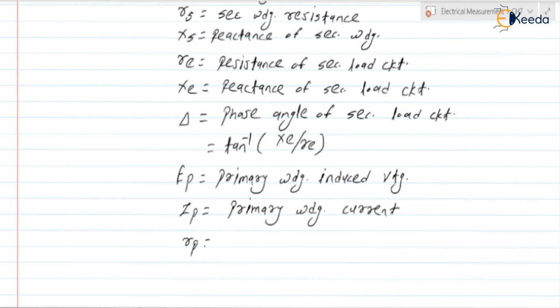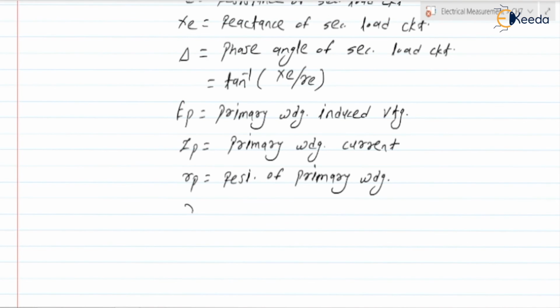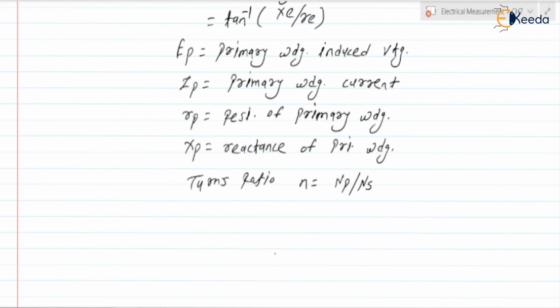RP, resistance of primary winding. XP, reactance of primary winding, and turns ratio N is equal to NP by NS, and here EP by ES is equal to N, right?